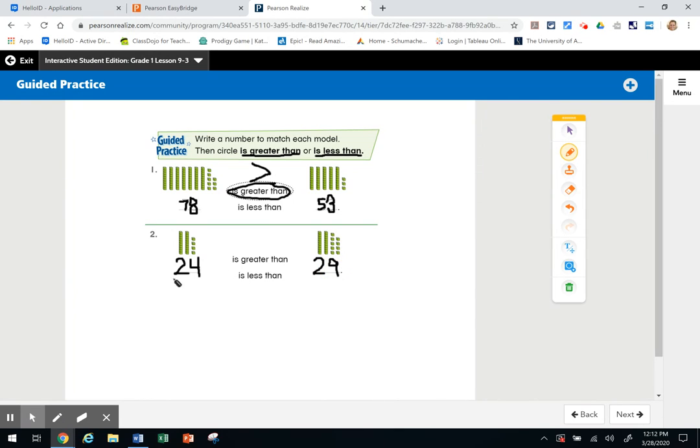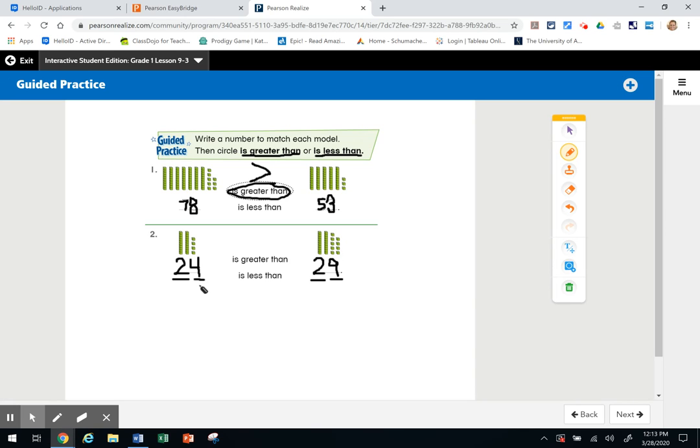Okay, so when we look at 24 and 29, the tens number is the same, 2 and 2. So now we have to look at the ones. So here we have a 4, here we have a 9. So 9 is the bigger number, okay? So 29 is the bigger number.